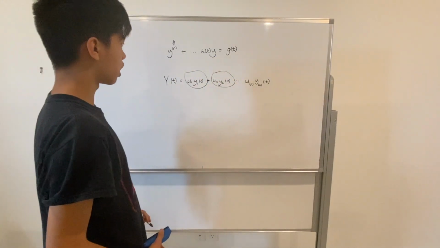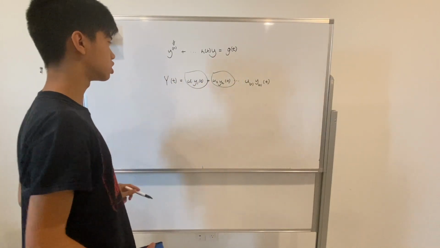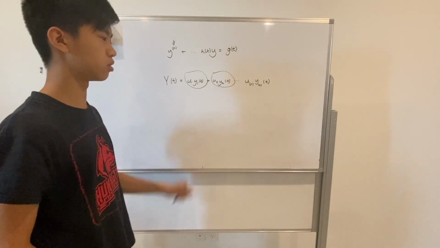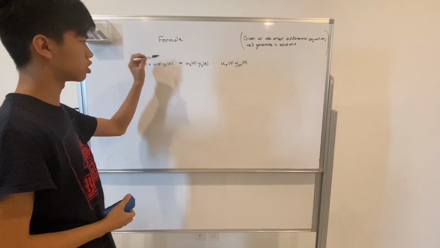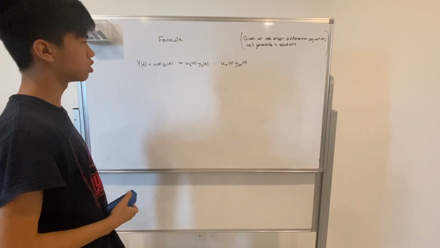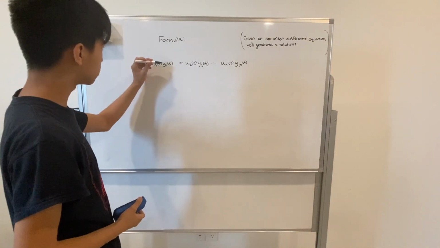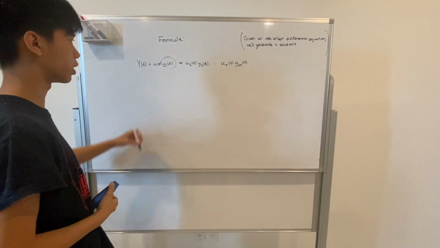So how exactly do we find what u and y are in this formula? Well, let's find out. What exactly do u of t and y of t mean? Well, y of t, the little y, is the characteristic solution of the differential equation.